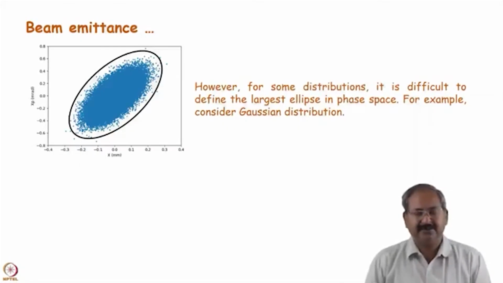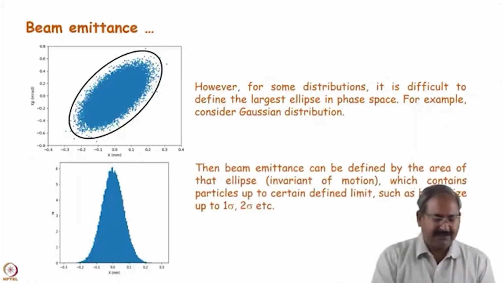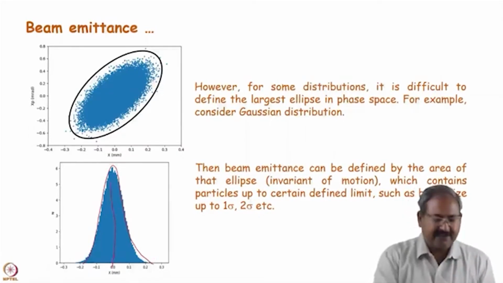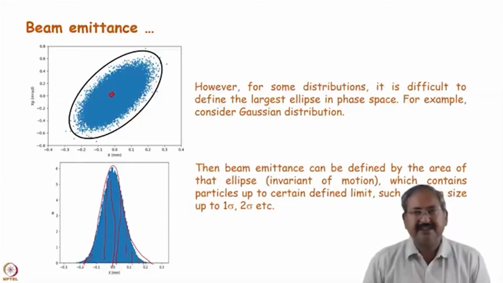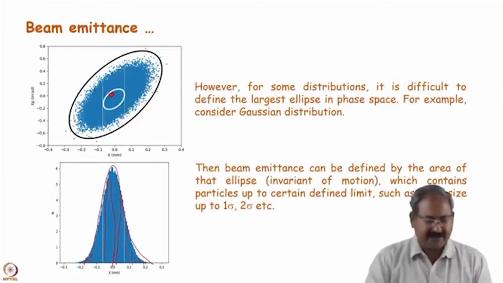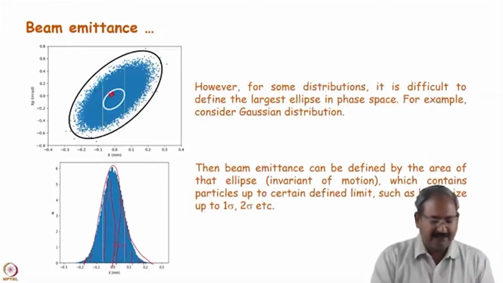In any distribution, suppose this is the distribution of the particles in displacement. At the center, the particles have the highest density, then the density lowers down and lowers down. So we can take 1 sigma, 2 sigma, 3 sigma kind of displacement in the beam.